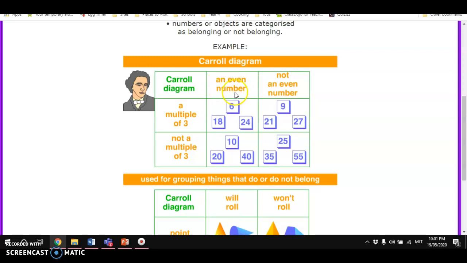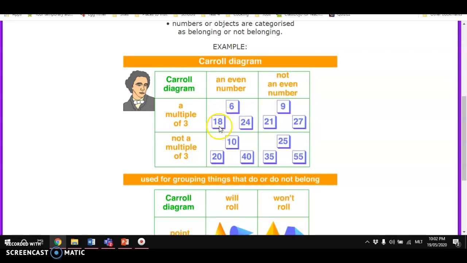An even number, so all the numbers in this section should be even numbers. On the other hand, all the numbers in this section should be not an even number. Alright, let's check them out. 6, is it an even number? Yes, it is. What about 18?